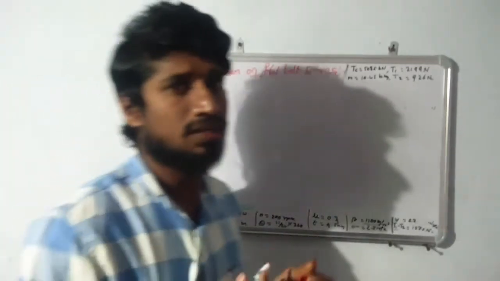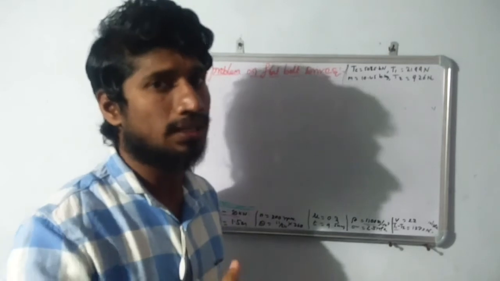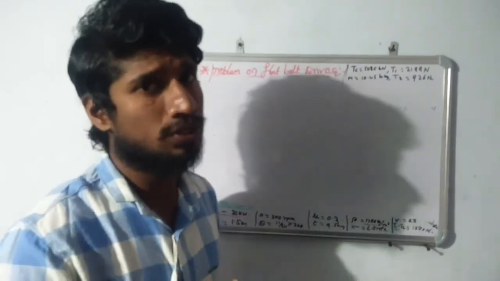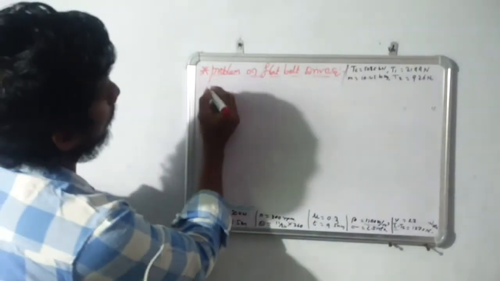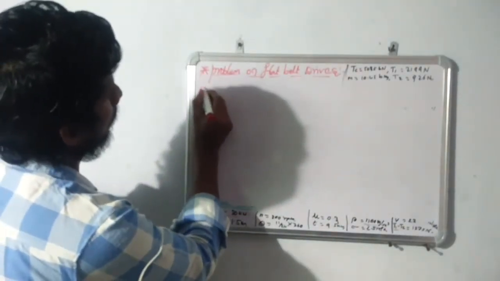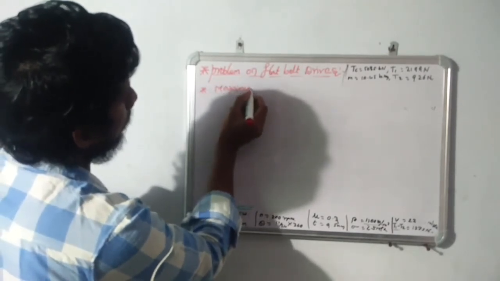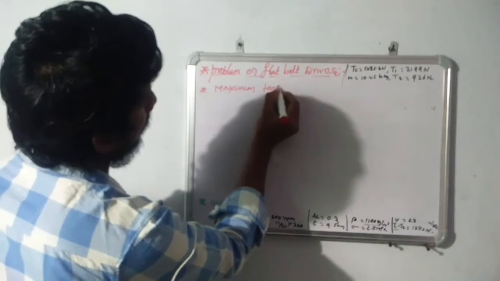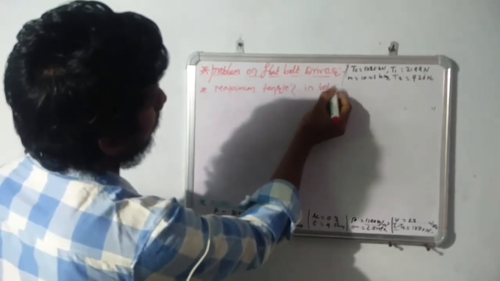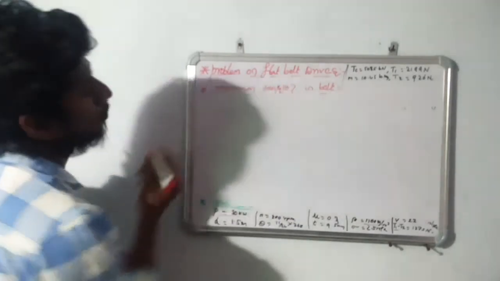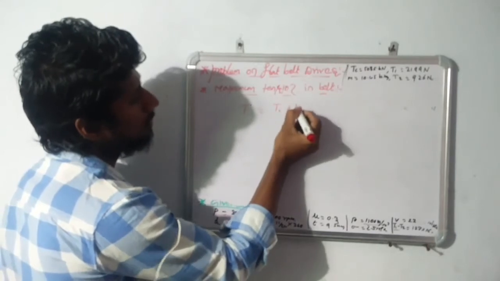In the case of centrifugal tension, it is mandatory to find out in any problem. At that time, we find one more step here, that is the maximum tension in the belt. The maximum tension in the belt is denoted by T, which is equal to T1 plus Tc.